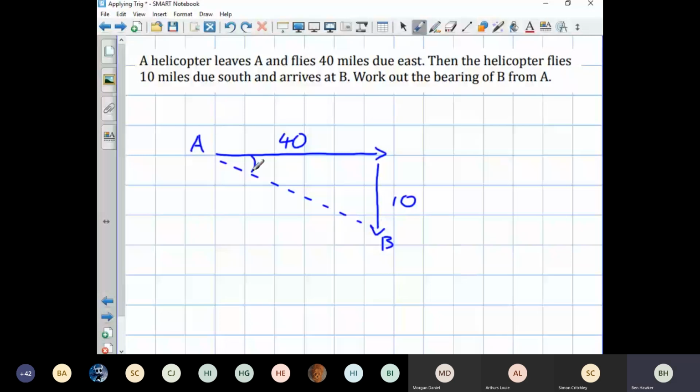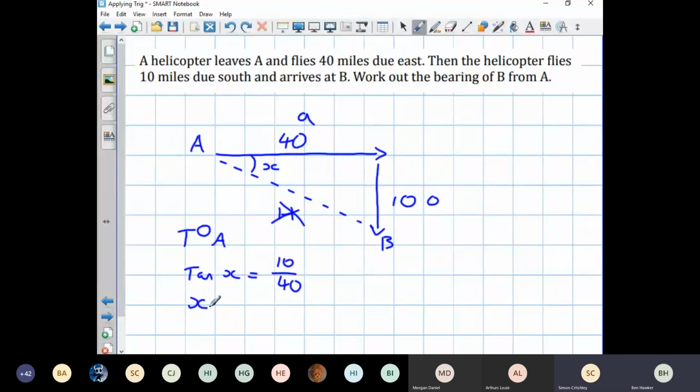Okay, so first of all, we've got our right angle triangle, because we've got east, then south, and we're going to work out this angle here. I'm going to do exactly the same. I've got H, I've got the opposite, and I've got the adjacent. As we can see, we've got the adjacent and we've got the opposite. Therefore, we're going to use tan, TOA. We want to find out tan of x. Well, we know that tan of x is equal to 10 over 40.